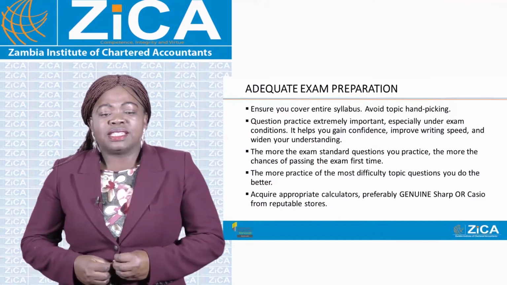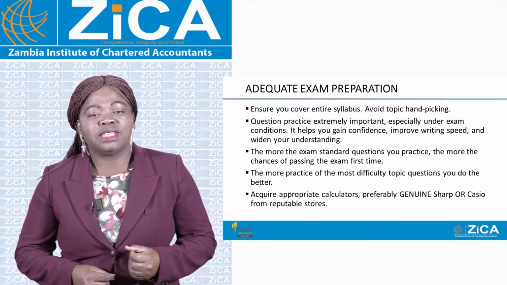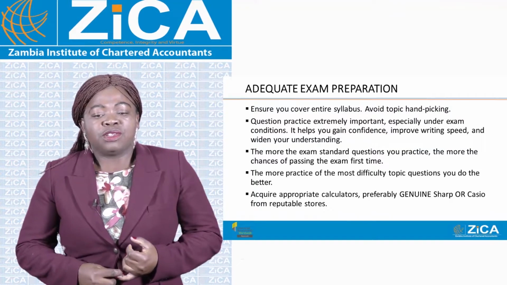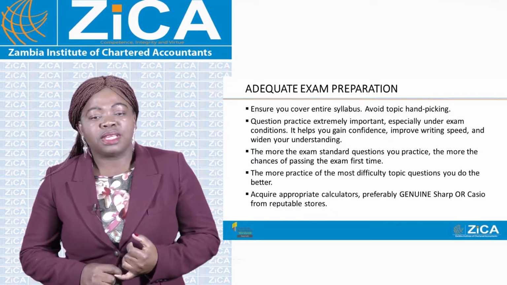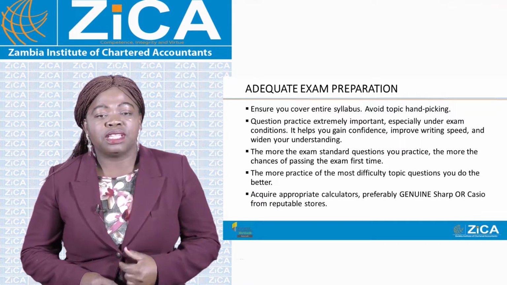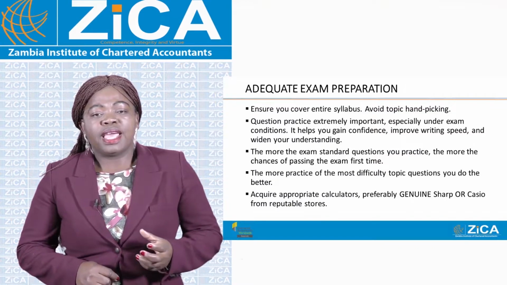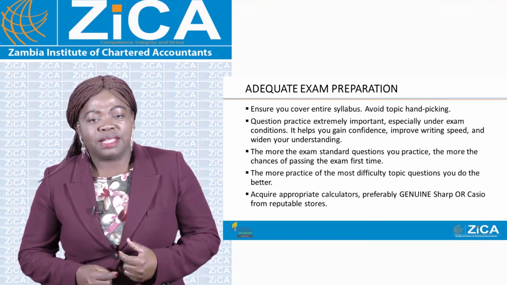For adequate exam preparation, I wish to remind the candidates that sit for this particular paper of a few things. First of all, avoid hand-picking the topics that you cover as you prepare for this particular exam, meaning that you need to go through everything that is contained in this particular syllabus.